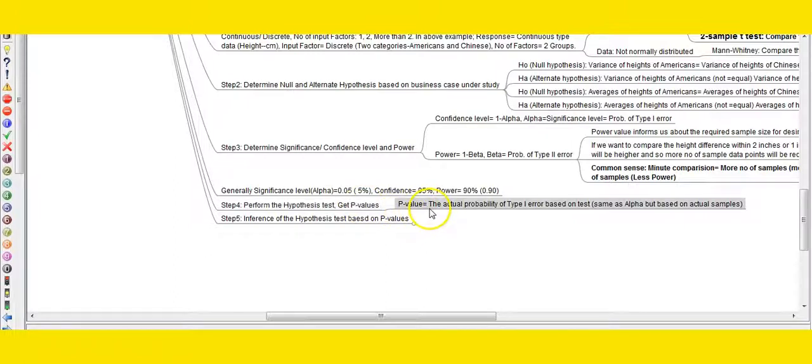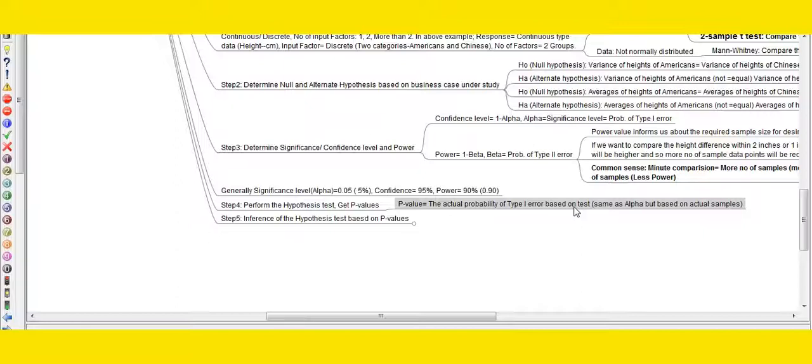The p-value is the actual probability of type 1 error based on the actual test we performed. What is the actual type 1 error I am getting out of the hypothesis test? This is called a p-value, and our hypothesis test result throws out a p-value.